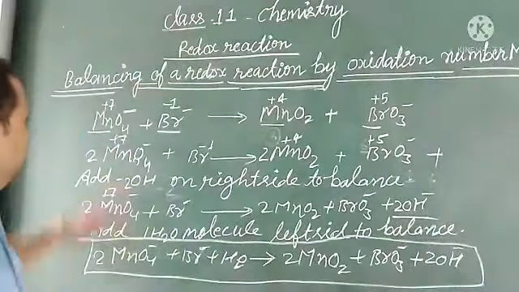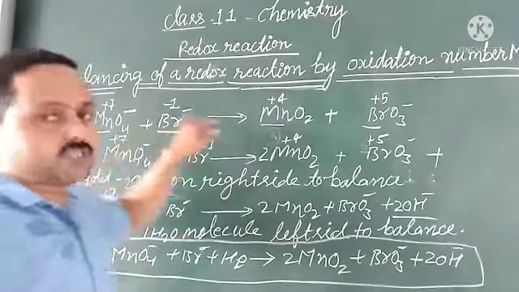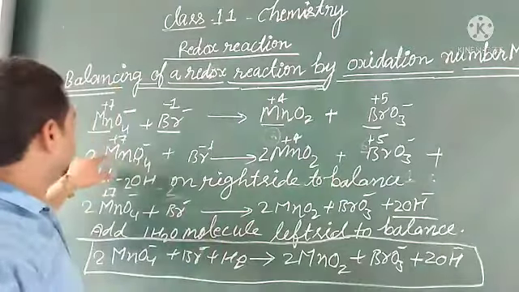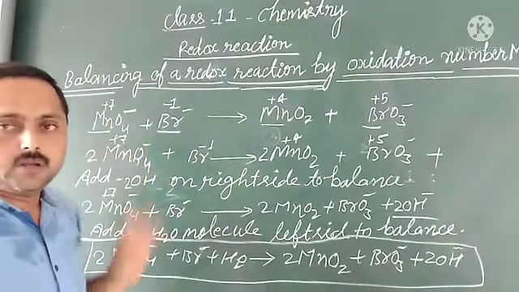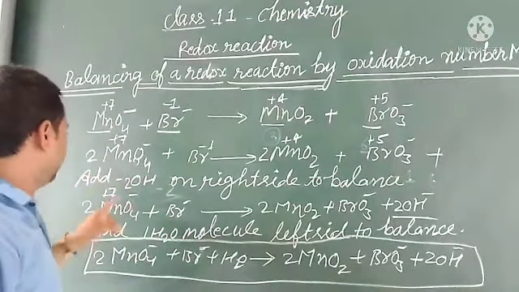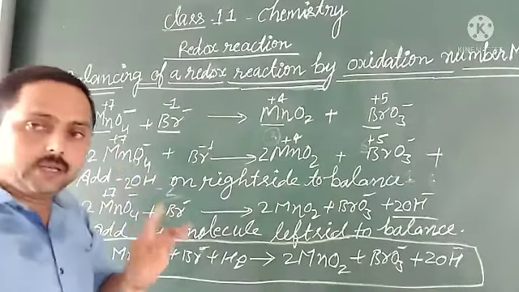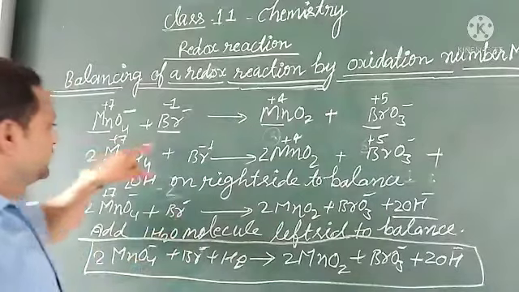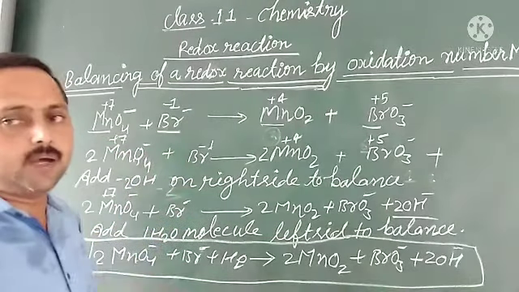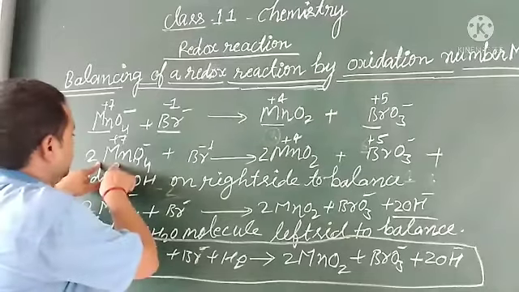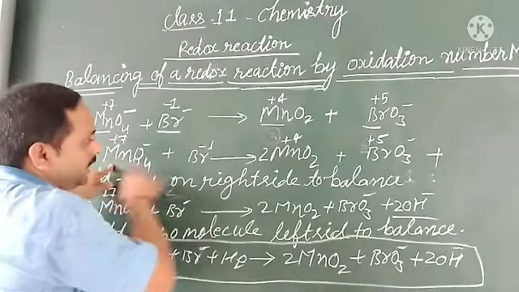First we have written reactants and products with the correct formula, and after that we find the oxidation and reduction. And next we have done one thing. Increase in oxidation number and decrease in oxidation number is not equal. So we have multiplied this portion, means this one and that one, by 2.